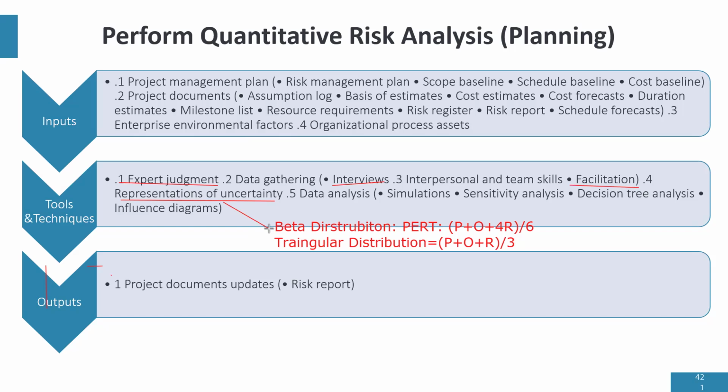Now, simulations. We can use Monte Carlo simulations to come up with project cost and duration estimates based on the risk in the project. We can also use a sensitivity analysis.